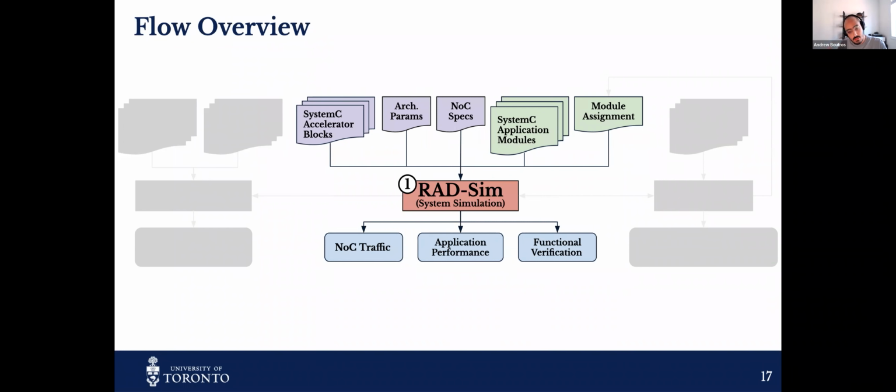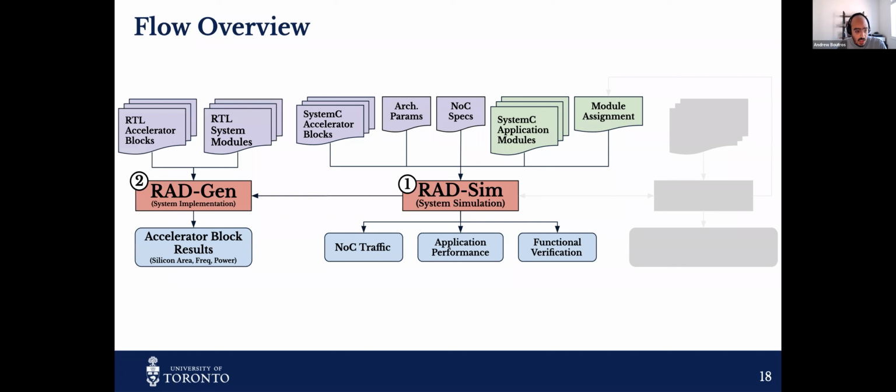And this is built to be fast and enable fast turnaround time, so you can simulate many different RAD instances that you're trying to explore. And once you're happy with a specific instance, or you have a few candidates that you want to evaluate in more detail, you move to the second stage of the exploration flow, which is the implementation phase.